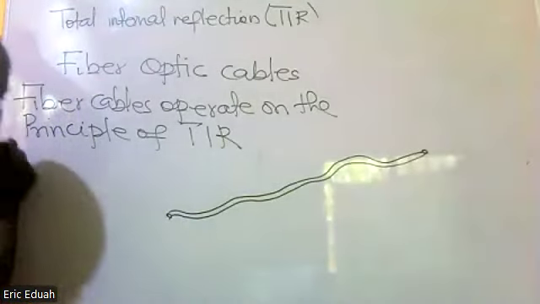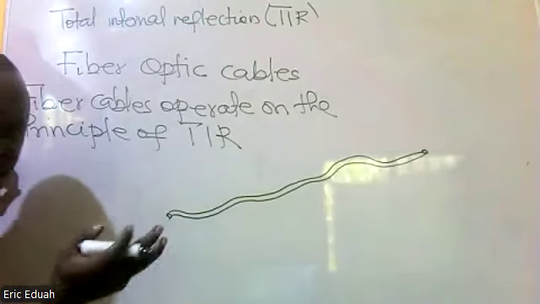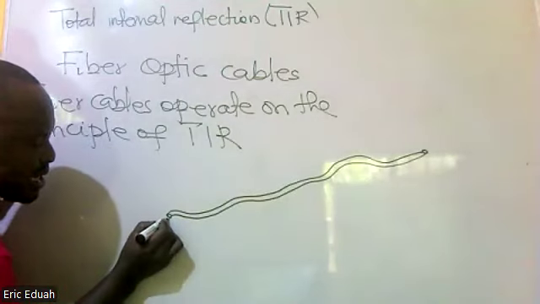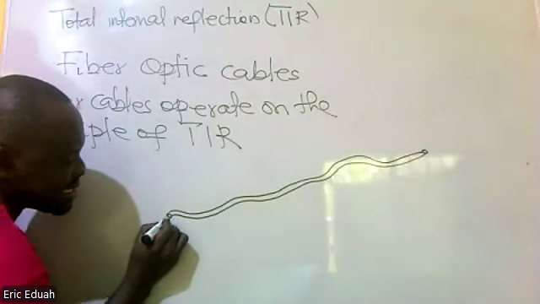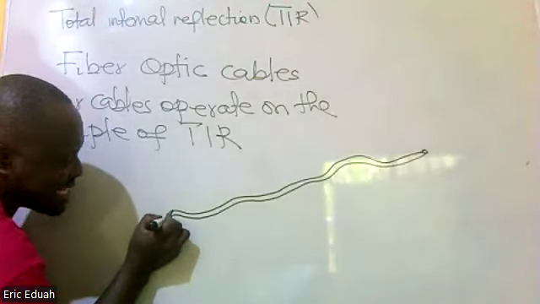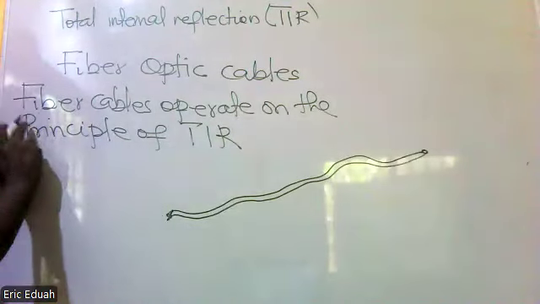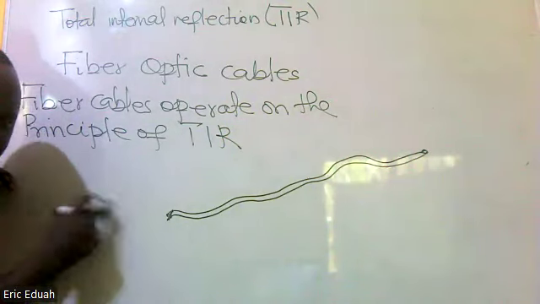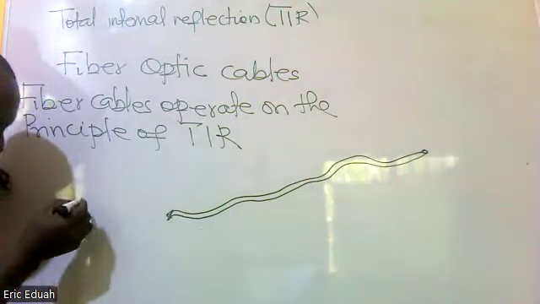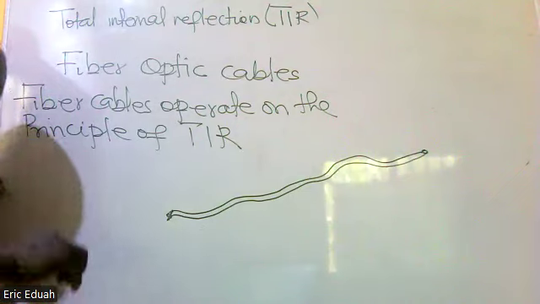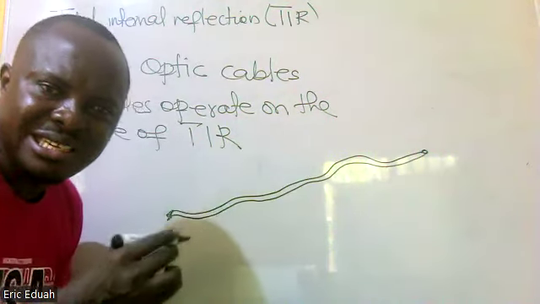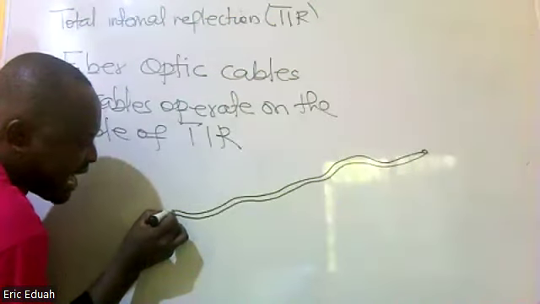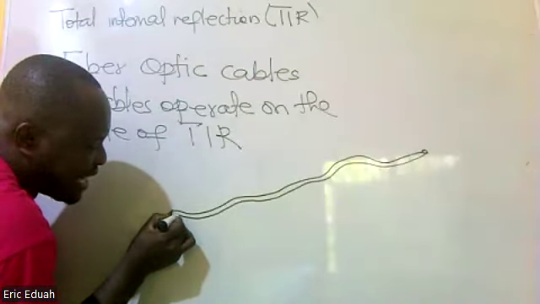Once it is glass, the information that is being transmitted is sent in the form of light. And under TIR, we know that by knowing the critical angle of the glass, you must exceed the critical angle a little bit, and the light will be internally reflected.